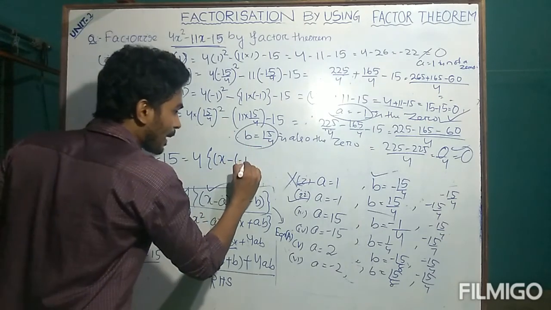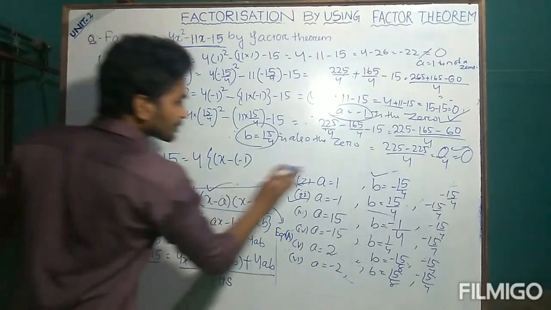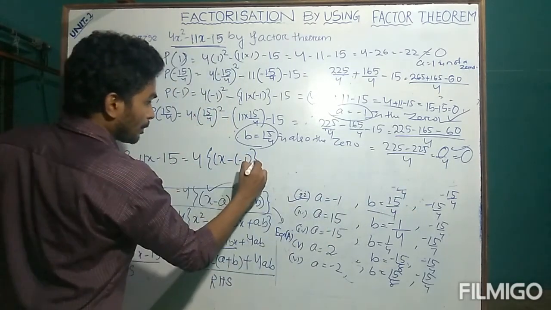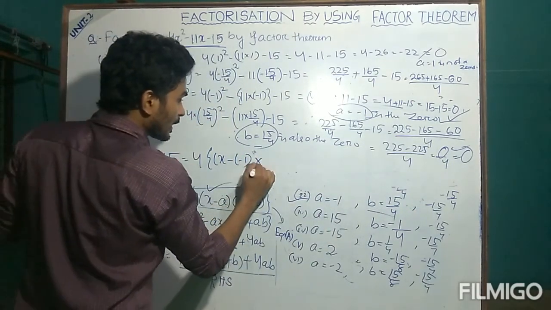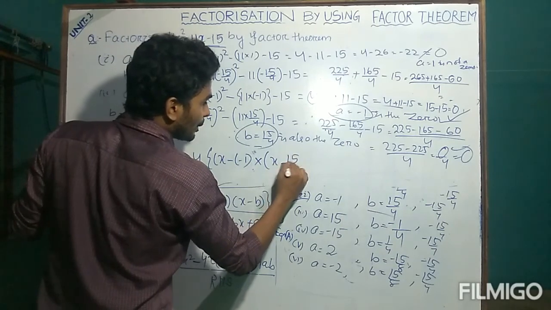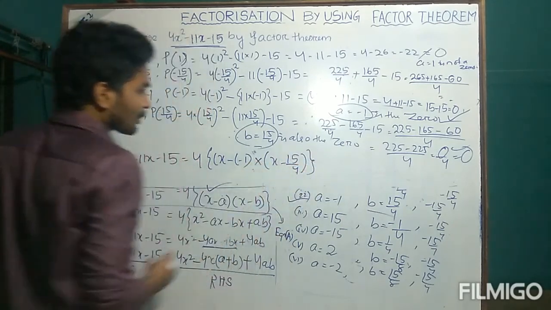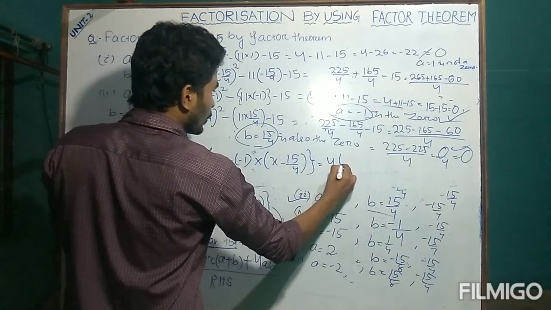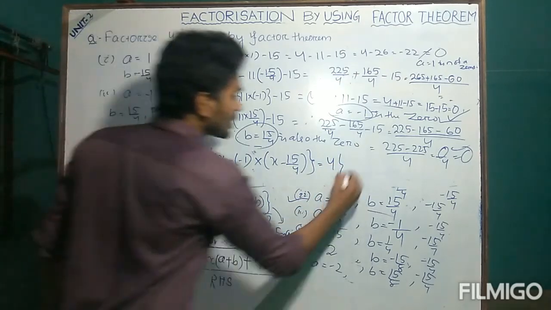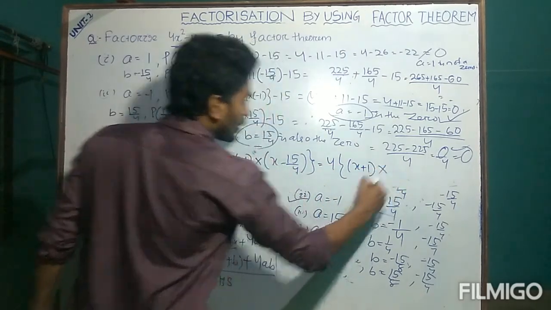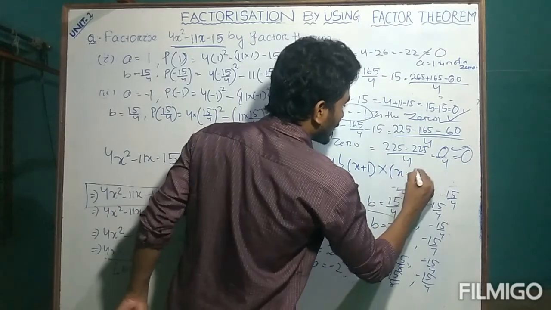You can see a is minus 1, okay, into x minus b. Clear? Now it will be 4 whole into x minus minus 1, that is x plus 1, whole into x minus 15 by 4.